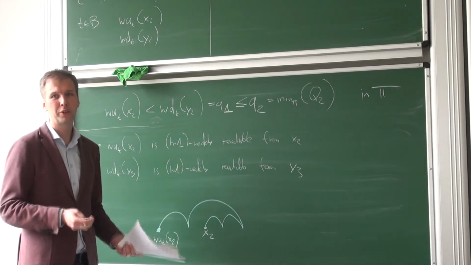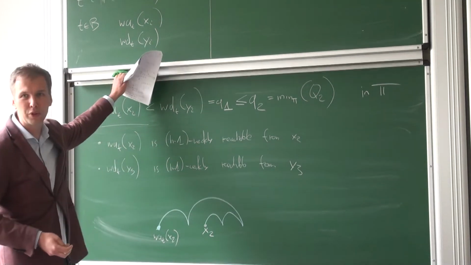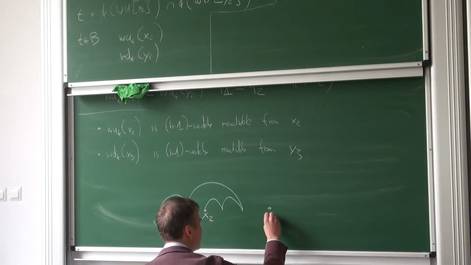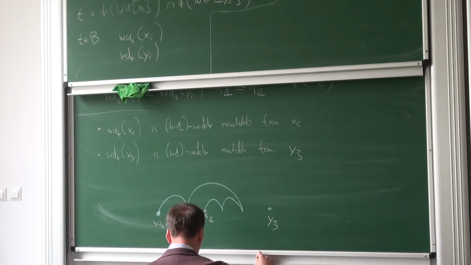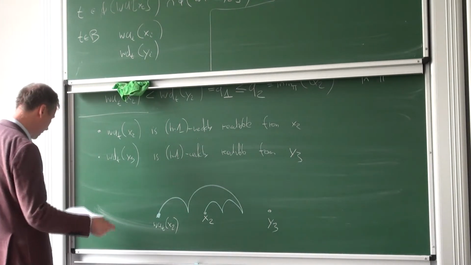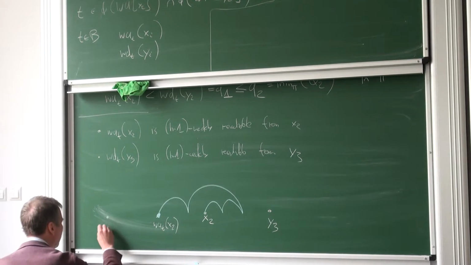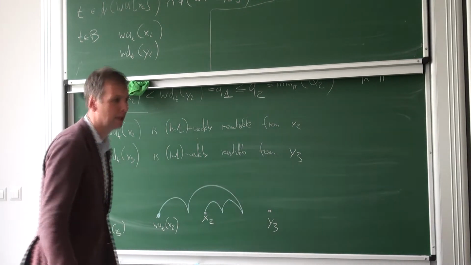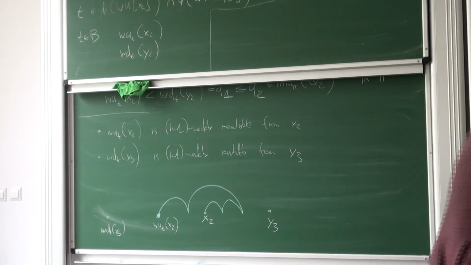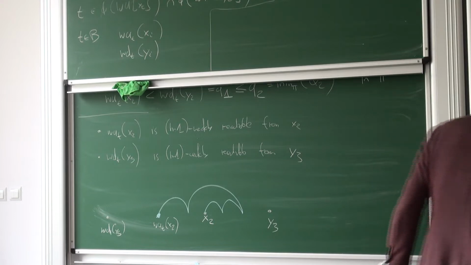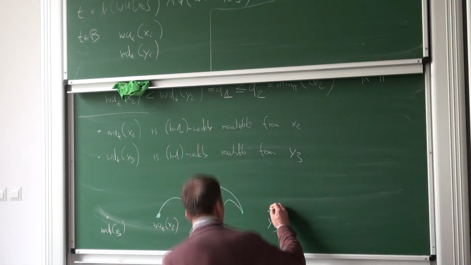This is not important for the argument, but since I want to visualize something, I will draw it, and let's just say it's here, right? And then WDT of y2, the same story, so perhaps it's here. And now I take another path.